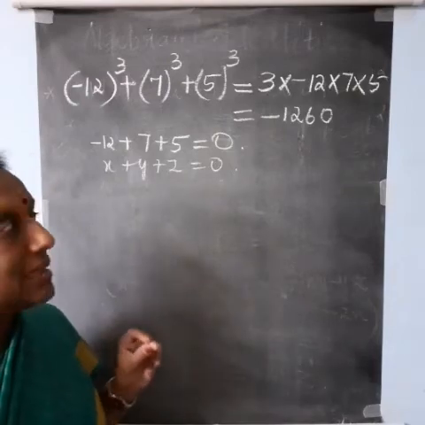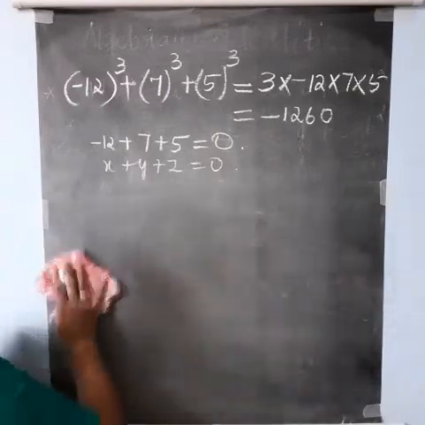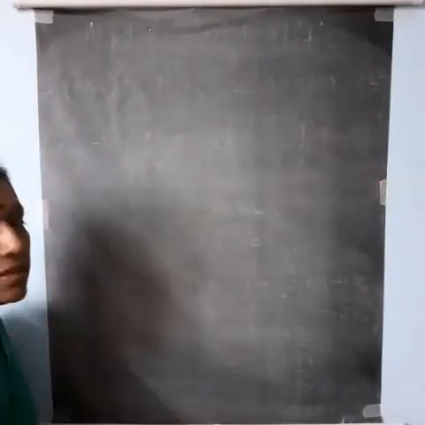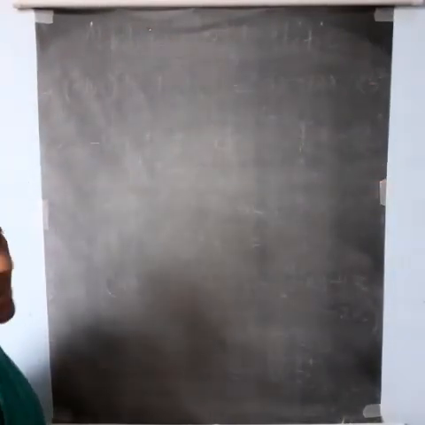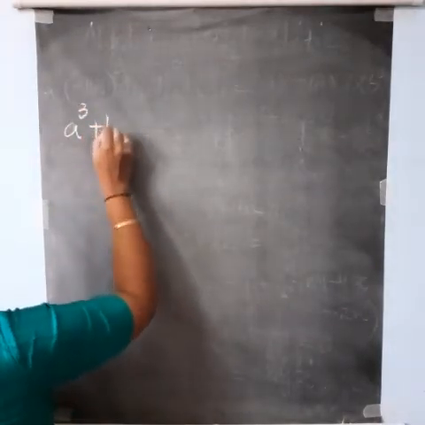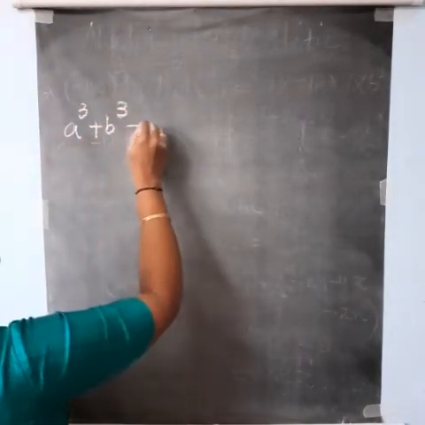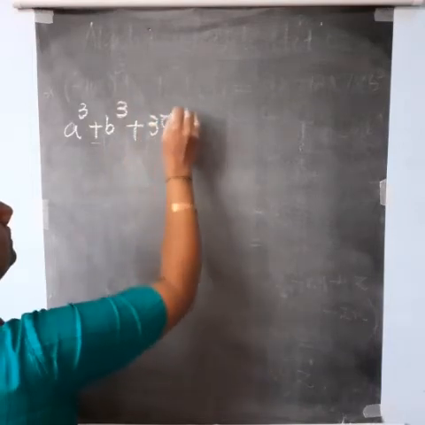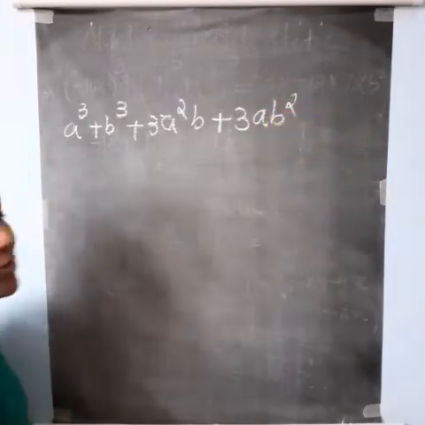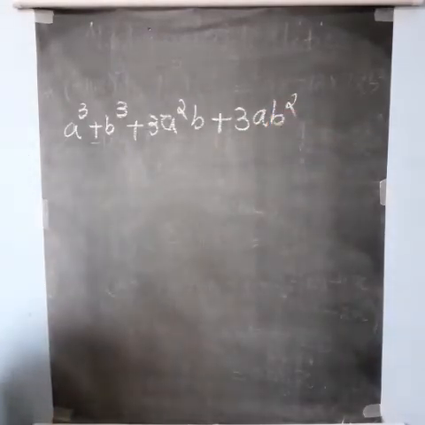Now there is another thing that you should know. Supposing we have given you the expanded form, just say they have given you a cube plus b cube plus 3a square b plus 3ab square. They want you to factorize. Now what is this?